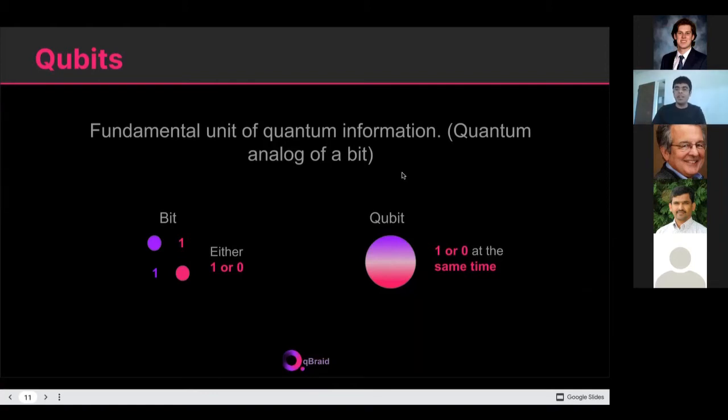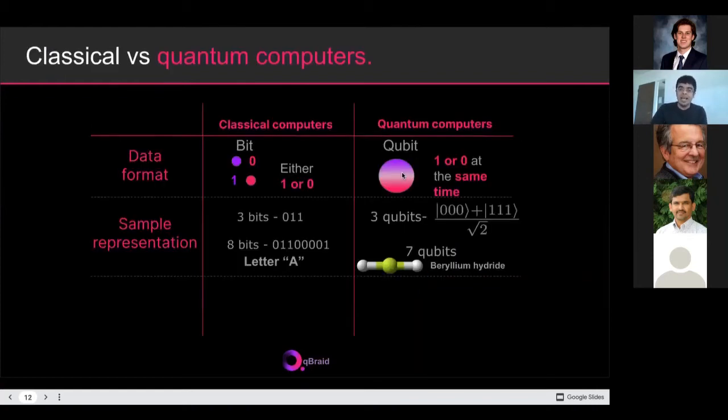So the general state of the qubit is a two-dimensional state that lives in a two-dimensional complex Hilbert space. A lot of jargon, you don't need to know that much. Even if you understand it's a quantum analog of a bit, that is good enough. And then compared to the classical bit, as I mentioned, it could be 0 and 1 at the same time.